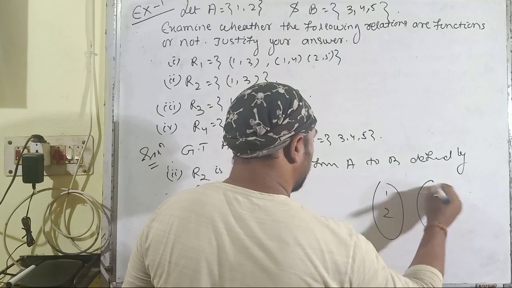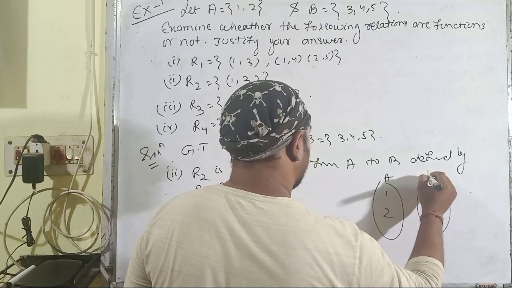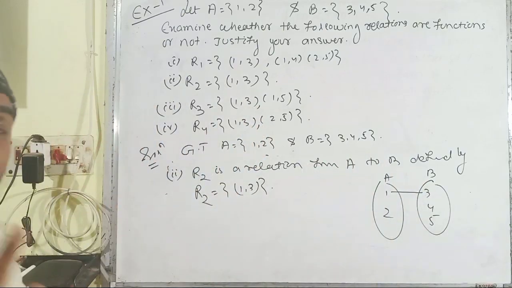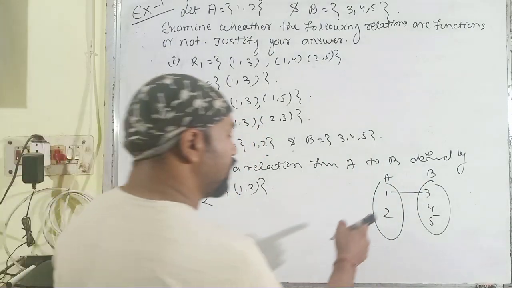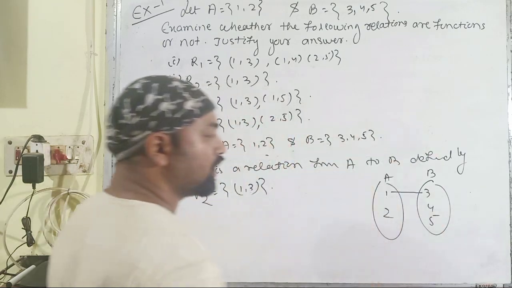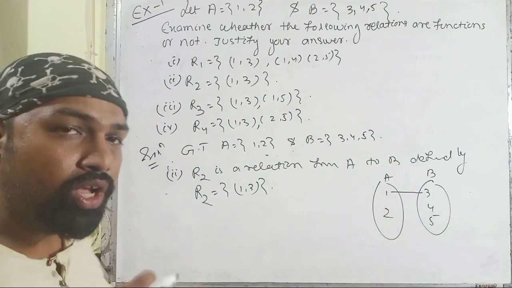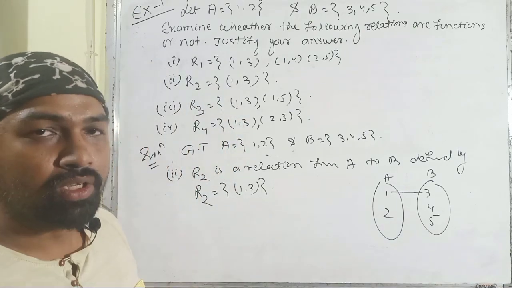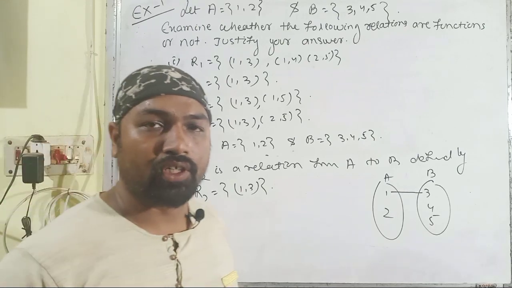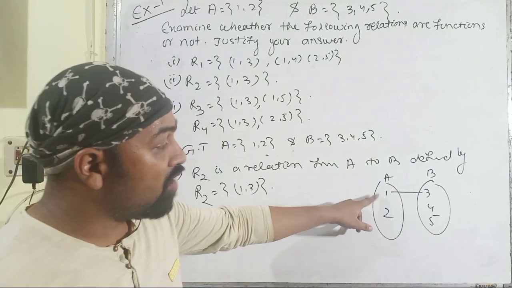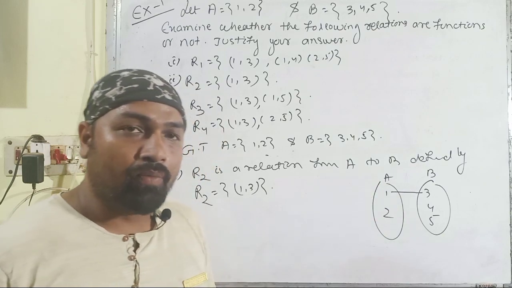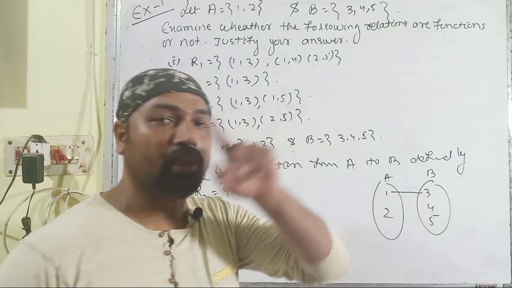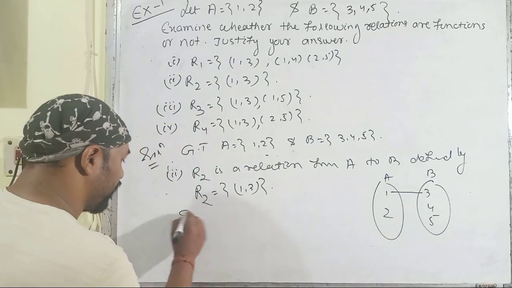Here A is {1, 2} and B is {3, 4, 5}. 1 is making an ordered pair with the element 3, and that means 2 has no image in the set B. That contradicts the definition of a function, because the definition tells us that each and every element present in the first set must have an image in the second set, but 2 has no image in the second set. So it is not a function.